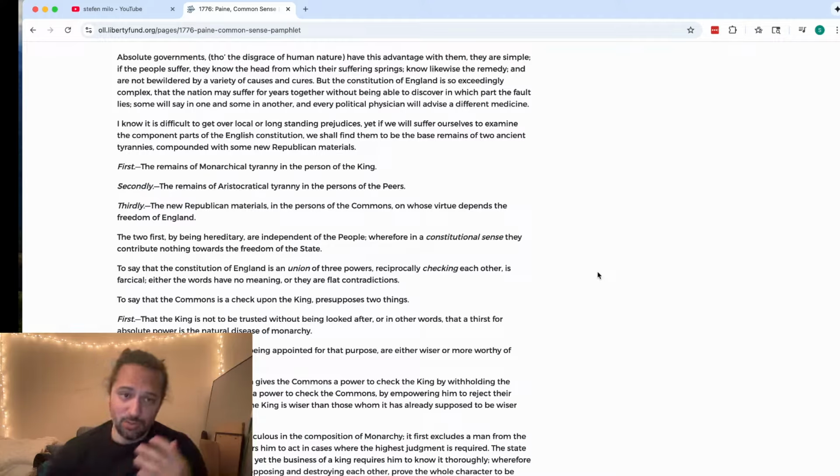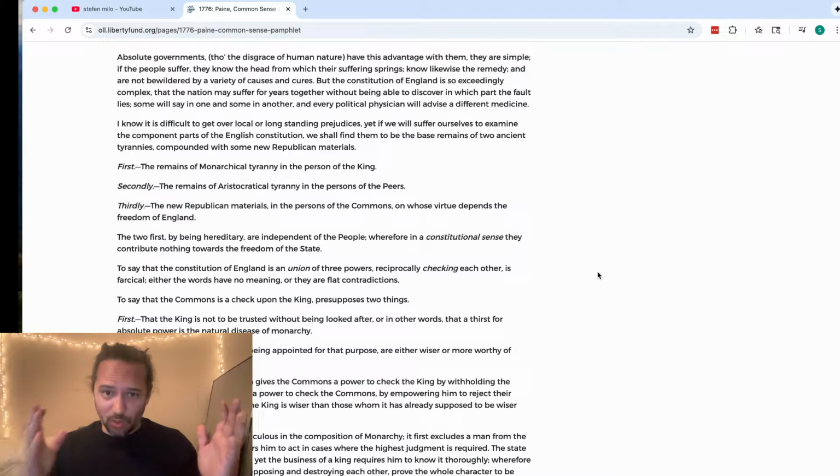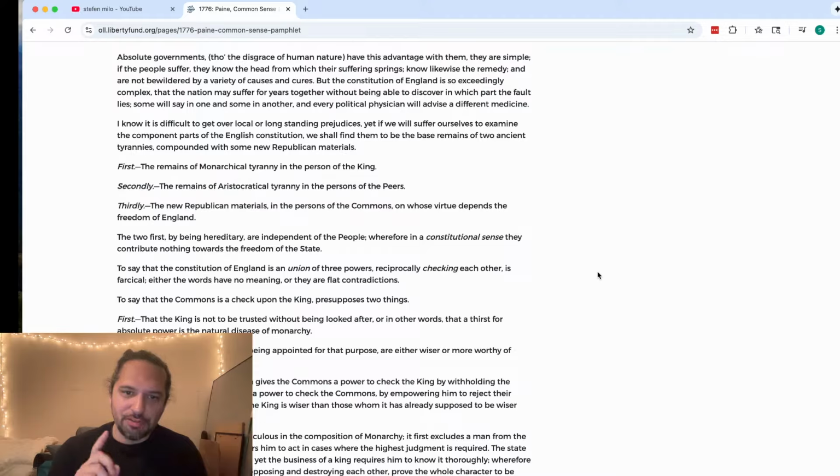Some will say in one, and some will say in another. And every political physician will advise a different medicine. I know it is difficult to get over local or long-standing prejudices, yet if we will suffer ourselves to examine the component parts of the English Constitution, we shall find them to be the base remains of two ancient tyrannies, compounded with some new republican materials.